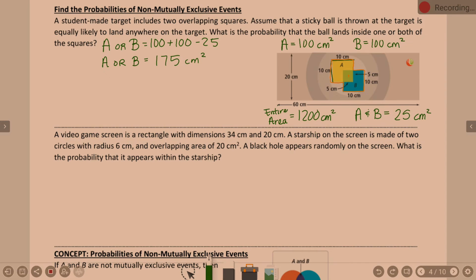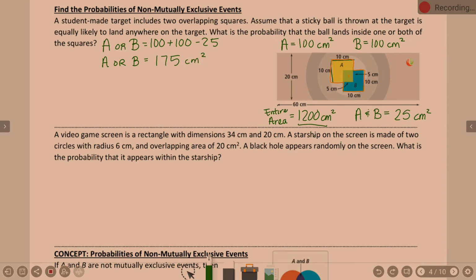What's the probability we're going to land in these overlapping squares? 25. I don't know. You take the entire area divided by that little square. Other way around, but yes. Okay, so since we're doing probability of A or B, it's going to be the 175 divided by the 1200.